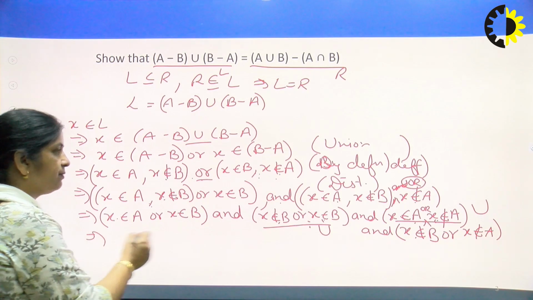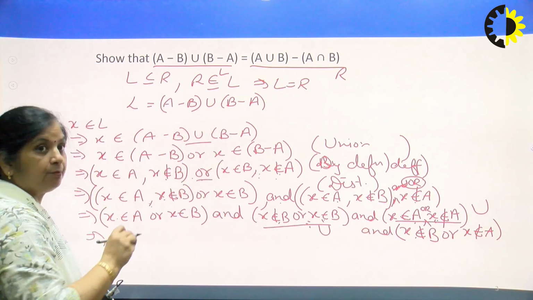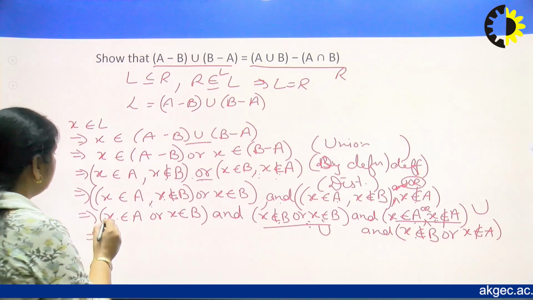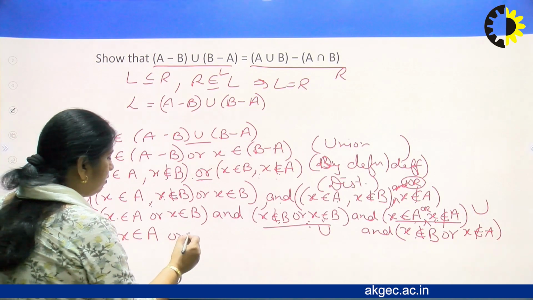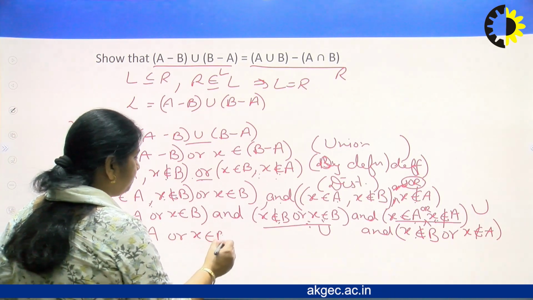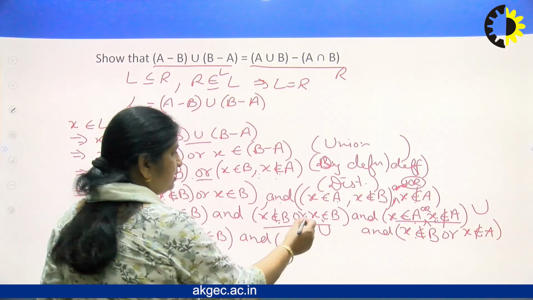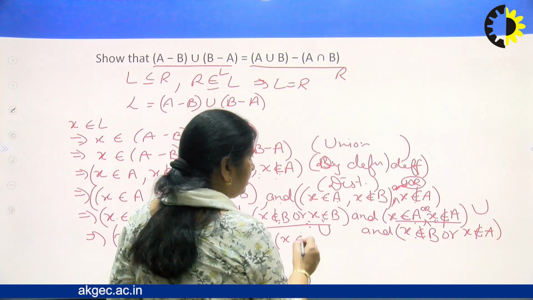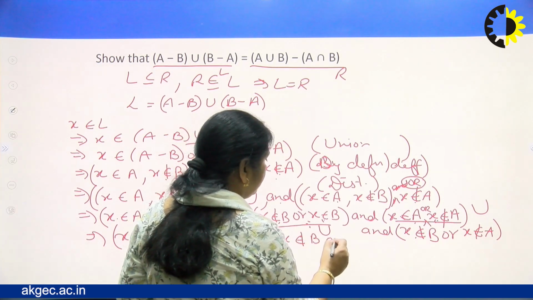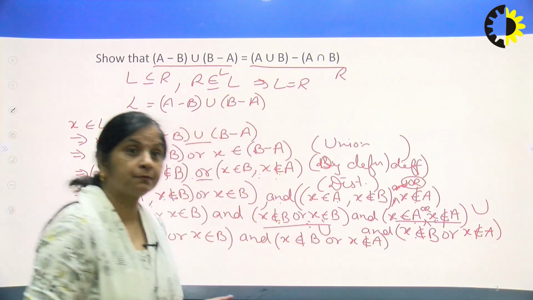So from here we can simply remove these two terms. What we are getting here: X belongs to A or X belongs to B, and these two have been removed. What else is left? X doesn't belong to B or X doesn't belong to A.